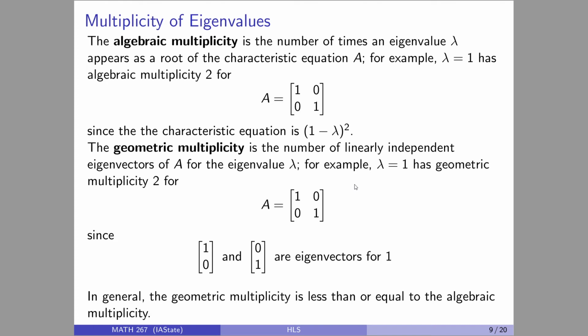The geometric multiplicity never exceeds the algebraic. So if you have an algebraic multiplicity of 2, your geometric multiplicity could be 2. It also could be 1. If your algebraic multiplicity is 1, though, that forces the geometric to be 1, so that's somewhat nice.